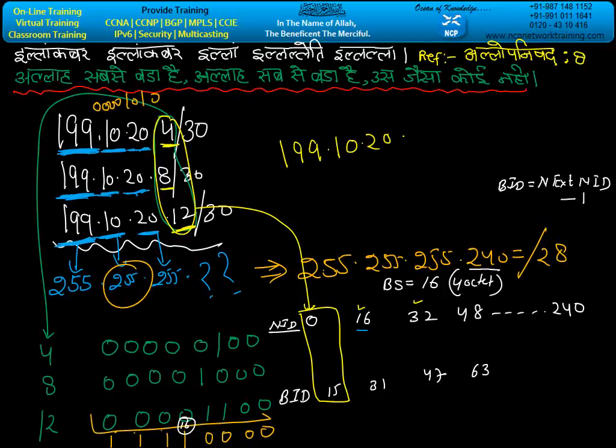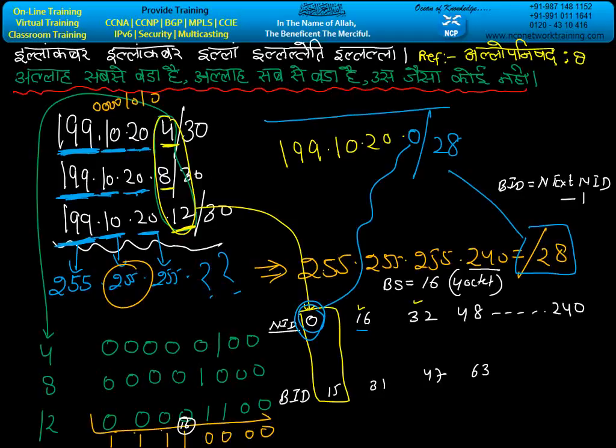If they were coming under this group, 32 would be put here. But 4, 8, 12 is coming in the first group, and the value of the first group's NID is 0. That's why we'll put 0 here, and that is our new mask. We'll apply that mask here.